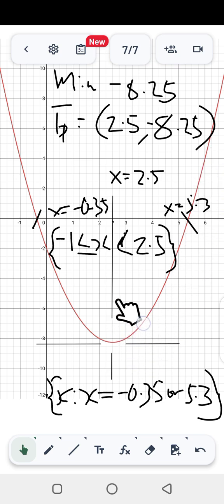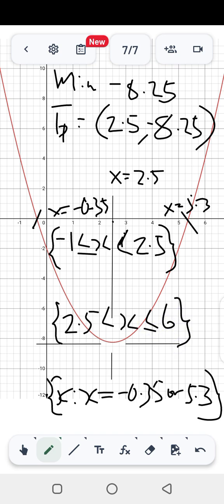When you trace that along the x-axis, it is from this point, 2.5, up to 6. So from 2.5 up to 6. The turning point is not included, so 2.5 is less than x, and x is less than or equal to 6. So that's the range of values of x for which y increases as x increases.